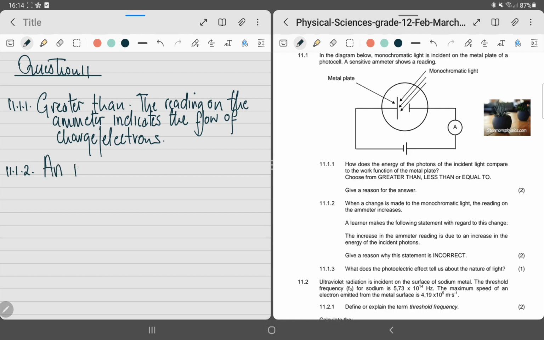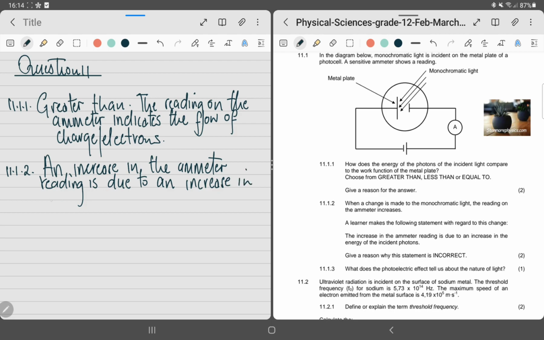So an increase in the ammeter reading is due to an increase in the intensity of the light.